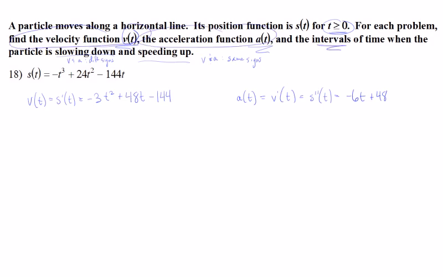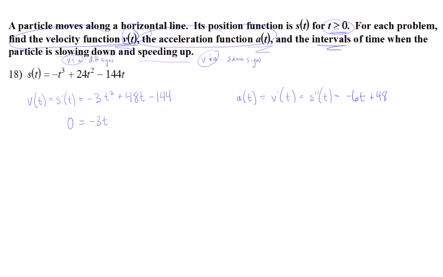Now I'm looking for the intervals of time when the object is slowing down and speeding up. Remember, we need to find the signs of velocity and acceleration to see if they're the same or different. To do that, we first want to figure out where the velocity and acceleration are 0. I'll start with velocity and set it equal to 0.